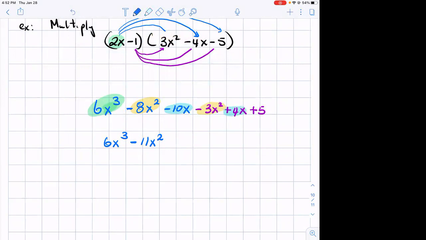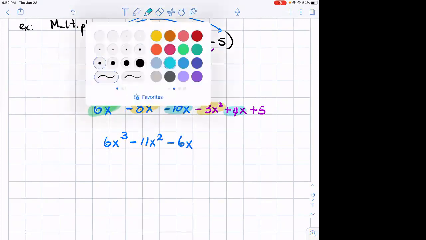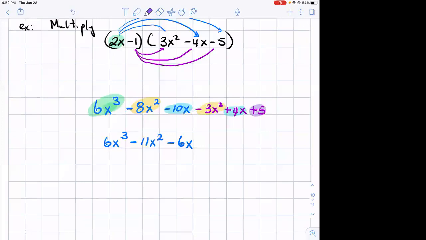So minus 10 plus 4 becomes minus 6x. And then notice you have this lonely term out here, plus 5. So we can't leave it out. We have to bring it down. So this is my quadratic. 1, 2, 3, 4 terms. It's a polynomial. No special name.